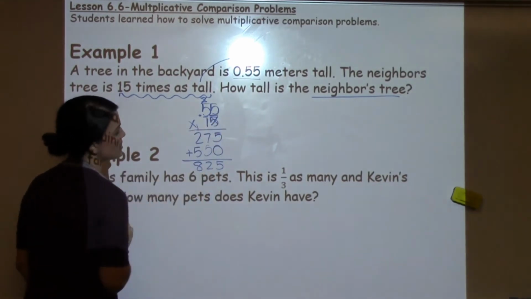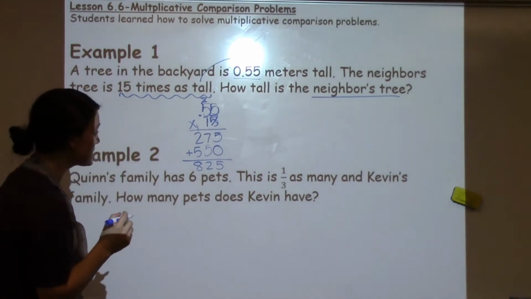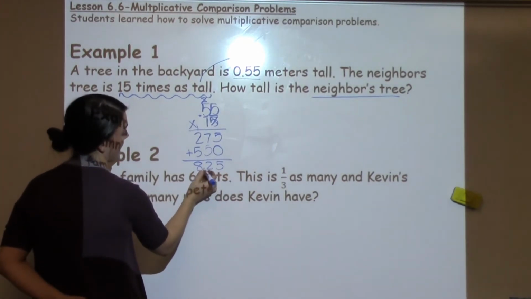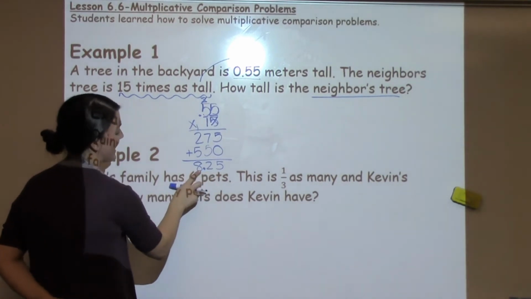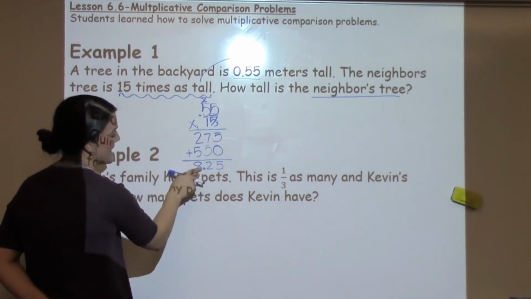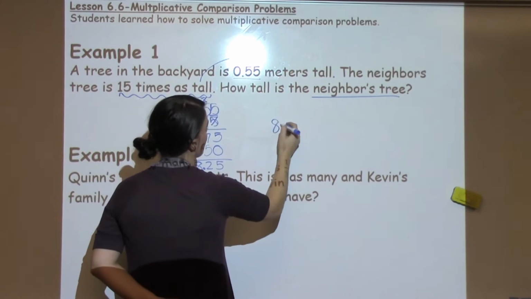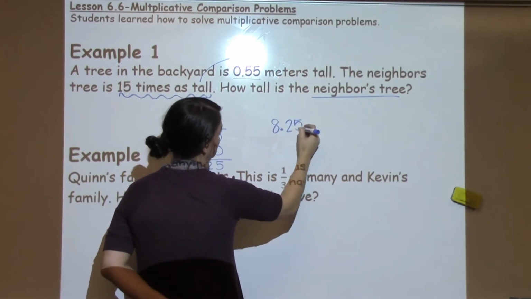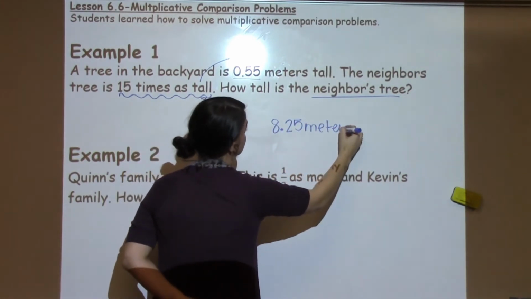I had 2 numbers behind my decimal in my problem, and now I want 2 numbers behind my decimal in my answer, for a final answer of 8.25 meters tall.